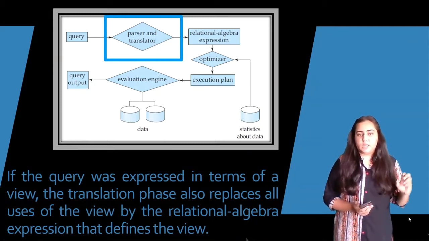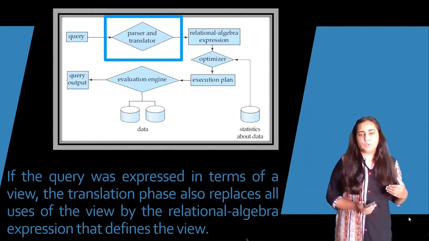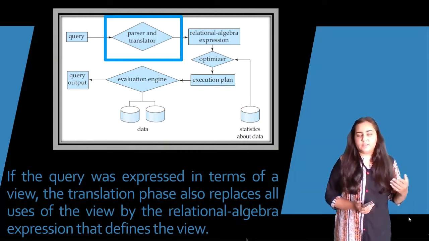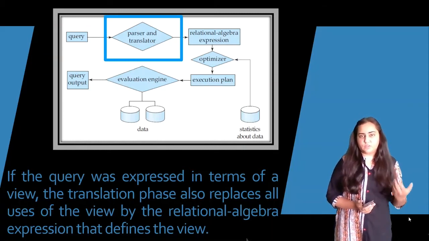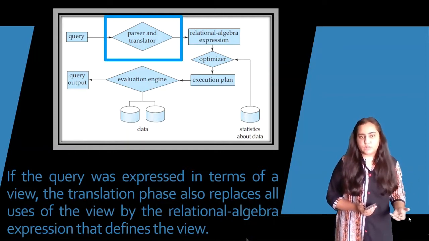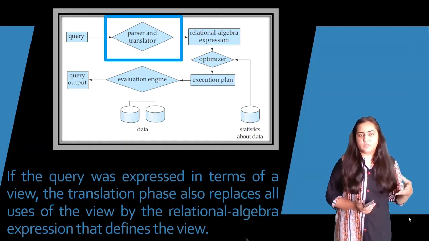And that's why if you are trying to perform a query in SQL on a view, then the system will replace, first of all, that view with its original query. It will convert that also into a relational algebra expression, and it will also convert the query that you wrote into a relational algebra expression.